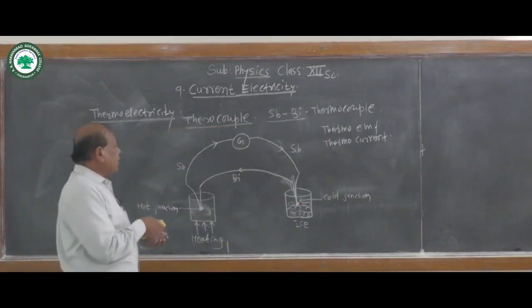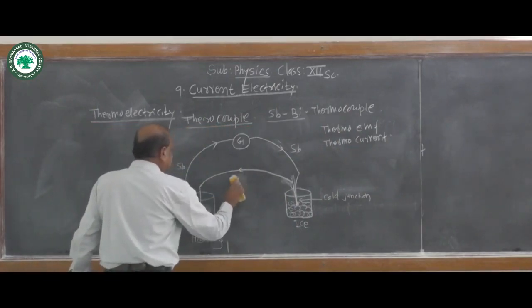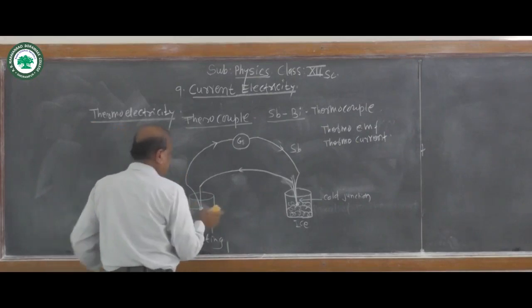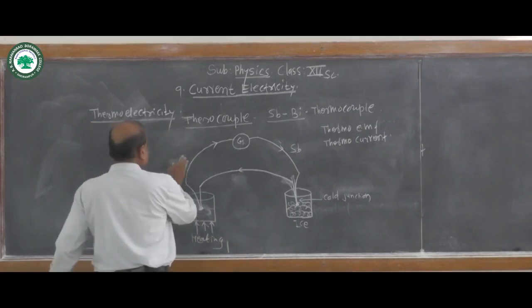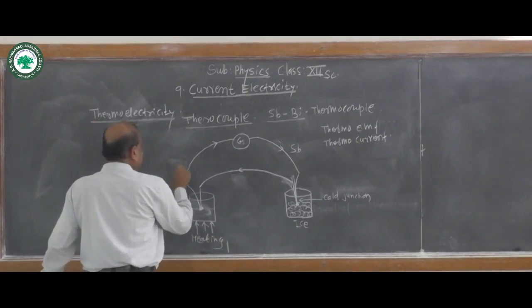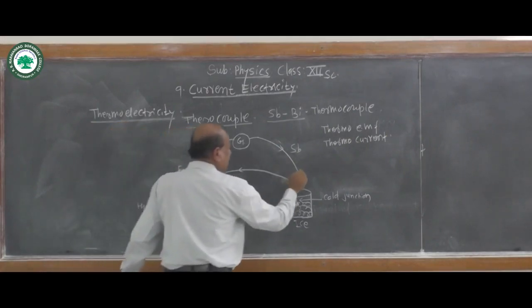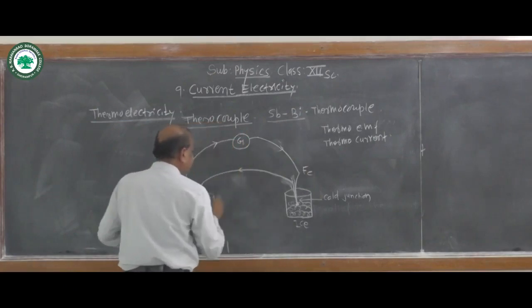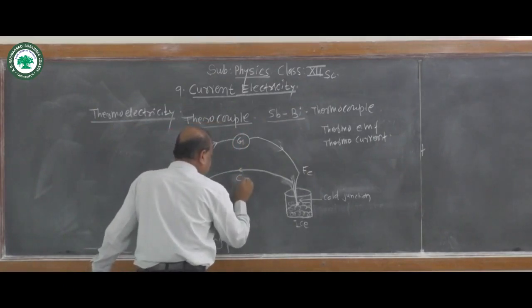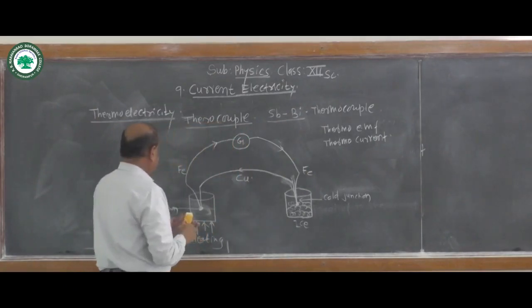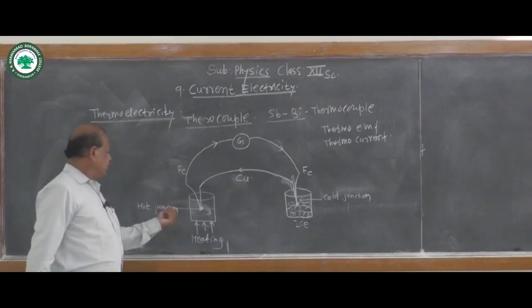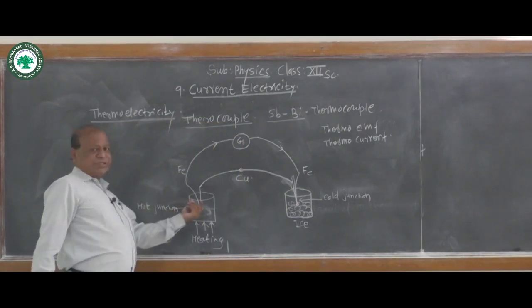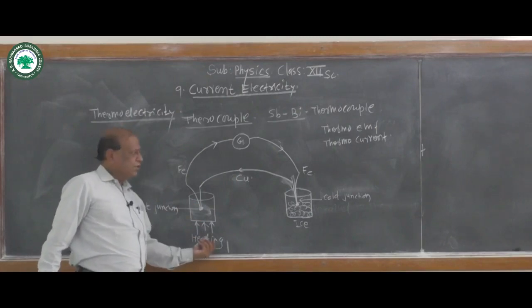Now we see another example by changing the thermocouple. Here the thermocouple is ferrous iron, Fe, and copper. This becomes a hot junction, as the heating arrangement is there.